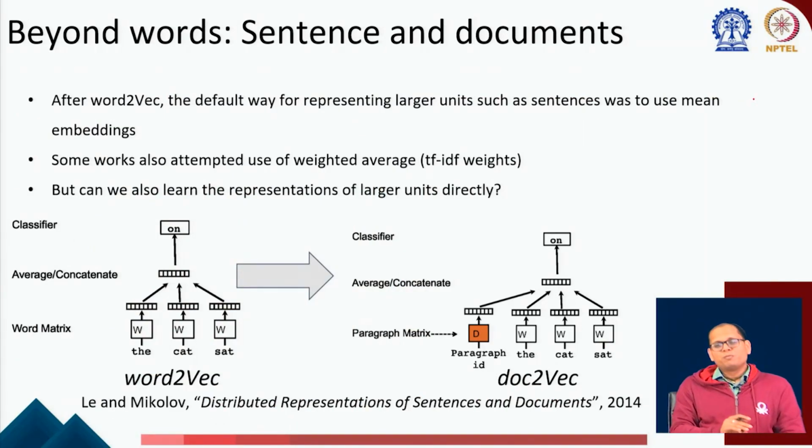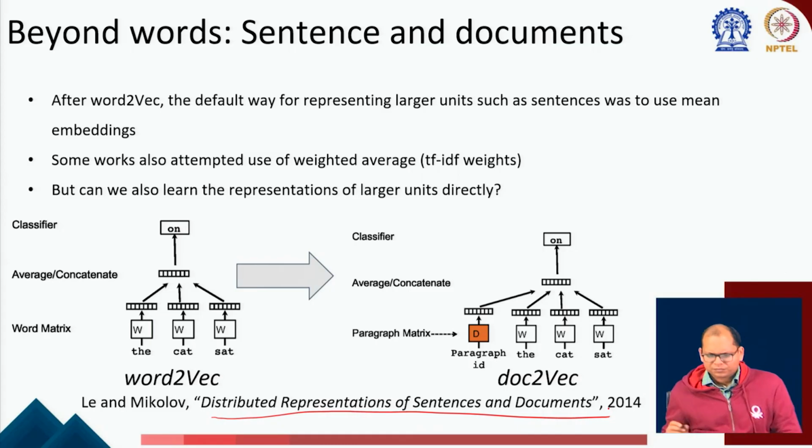Now, we can also go beyond words, like how do you represent sentences and documents. There are many works for that. We'll talk about one that became very popular, again by Mikolov, on distributed representation for sentences and documents. The idea was a very simple extension to the word2vec idea. Why is this method interesting? Suppose you are given a sentence and you have to give a representation.